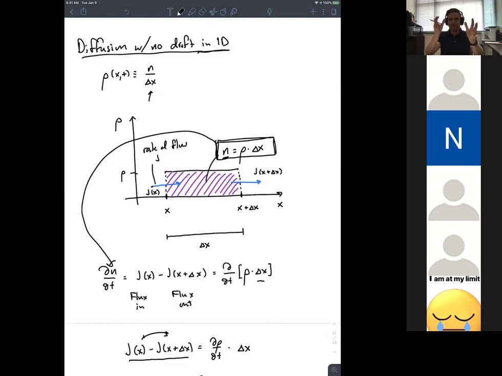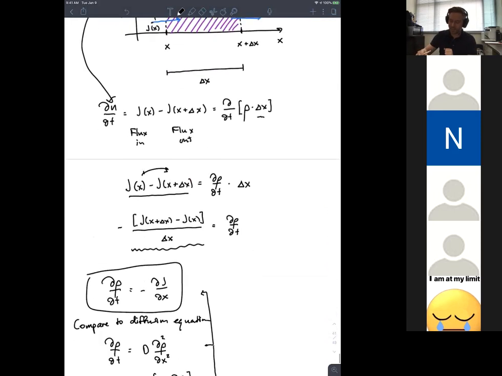Now, if we include drift, the flow of particles in and out of that volume is going to be the result of two things happening. One is diffusion, just as we had previously. And the other is the drift, right? Because now the drift is also going to cause particles to flow in and out of that volume.